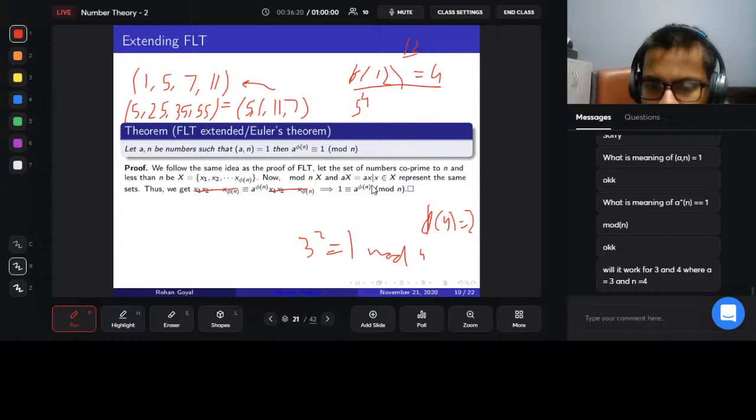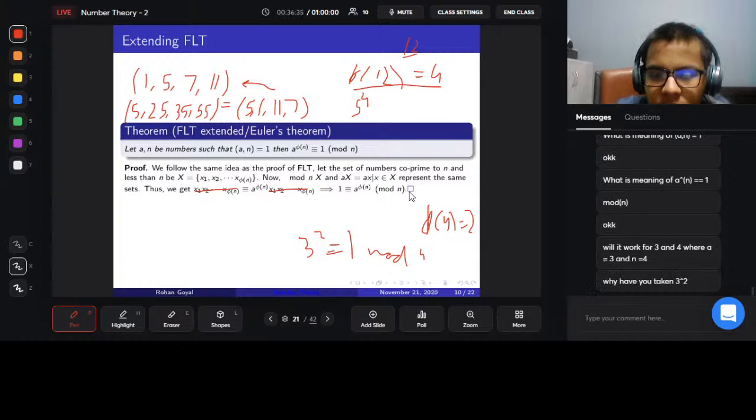Did you understand? Phi of 4 is 2. That's what you have written, a to the phi of n. What's the issue? I don't understand the issue.